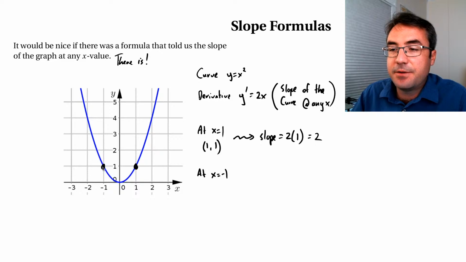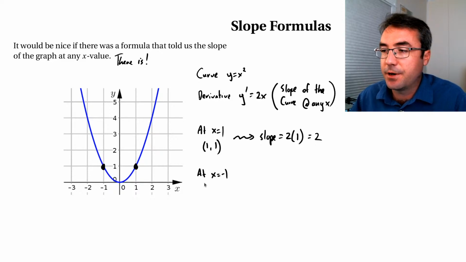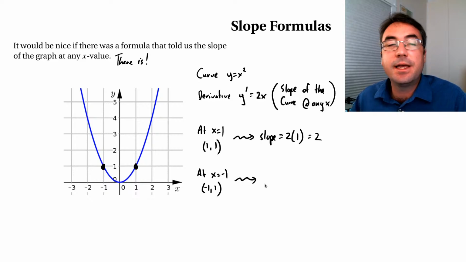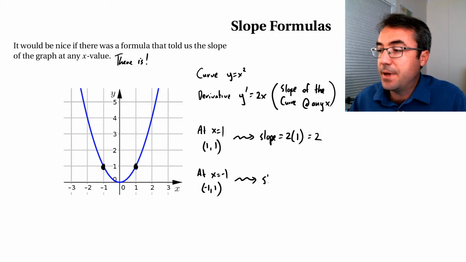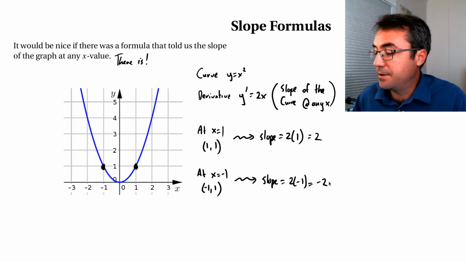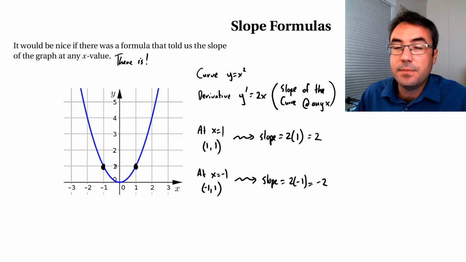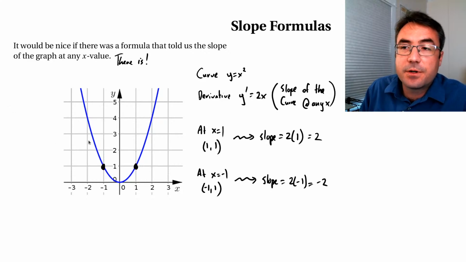So x equals -1 means we're at this point over here, (-1, 1). And we would just plug in x equals -1 into our derivative, and that would tell us what the slope of our curve is at that point. So it would be 2 times -1, which is equal to -2.